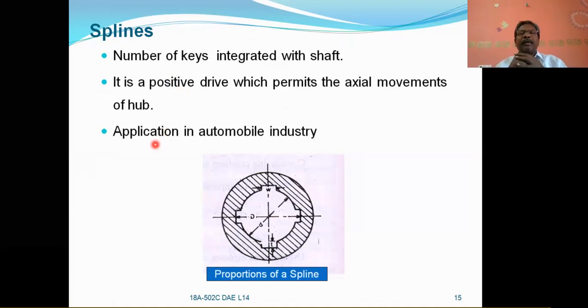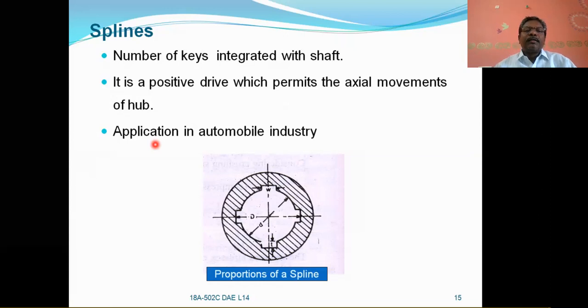If you see the clutch and gear mechanism of an automobile, the gears are mounted on the spline shaft. Due to the spline shaft, the gears can be moved in connection with the clutch. That's why this type of spline shaft is most important in automobile industry for power transmission, especially in gear drives.